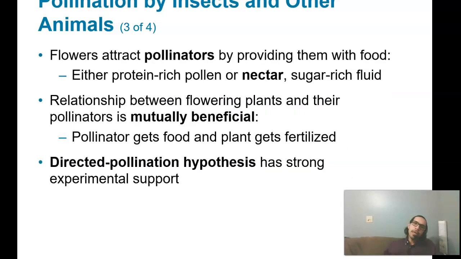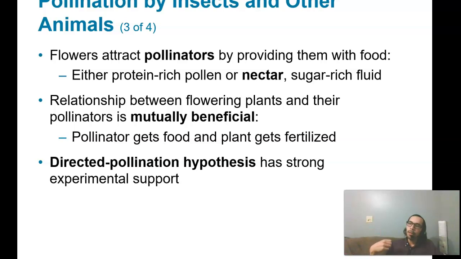So the reason that flowers attract pollinators is because they want the pollination, right? They want their pollen to be transferred to another flower. And the reason that the animals visit the flower is for food sources.